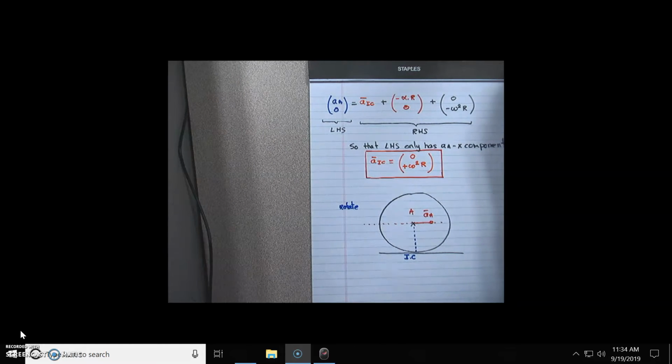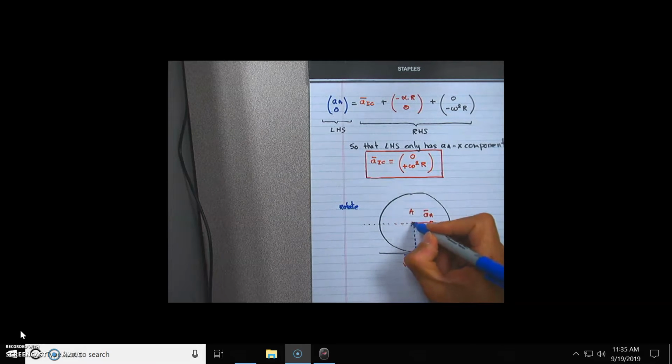What does instantaneous center mean? The velocity of the instantaneous center is 0, which is true because this point is not moving, no? Yeah? But what happens when you study the motion of point A from this one? The motion of point A from the IC is only due to rotation. So that means that it will look like it's rotating about this point, no?